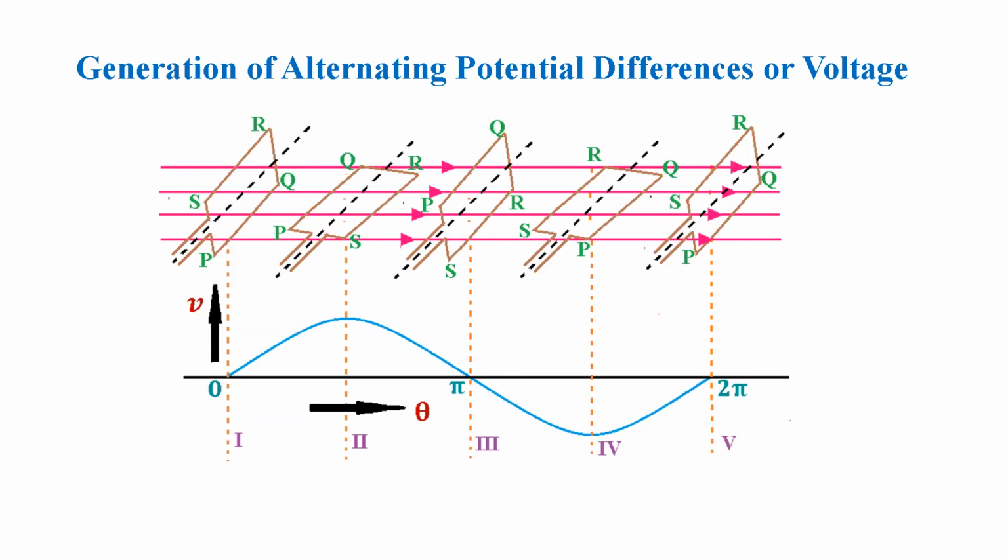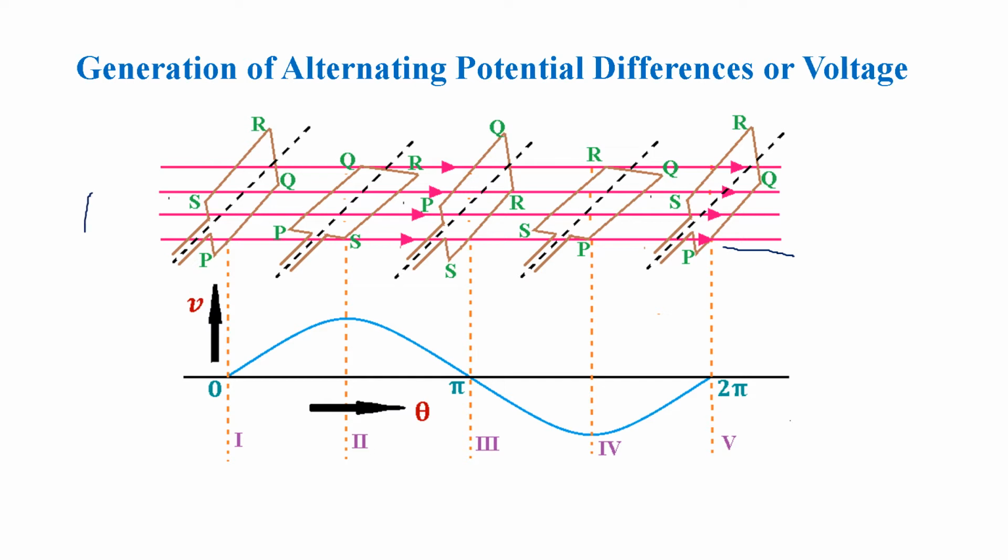Now, how is the AC voltage or alternating voltage generated? That can be represented in this form. The pink line represents the steady flux, and the arrow indicates the direction of the magnetic flux.